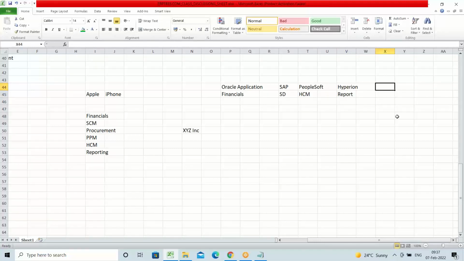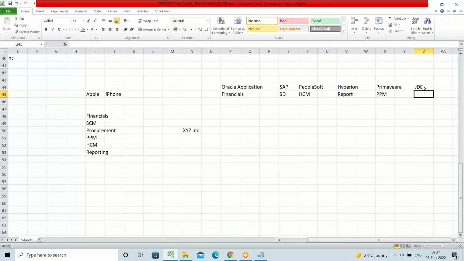When they look at a PPM solution, in Primavera, PPM is good. Now, in procurement, we have JD Edwards.